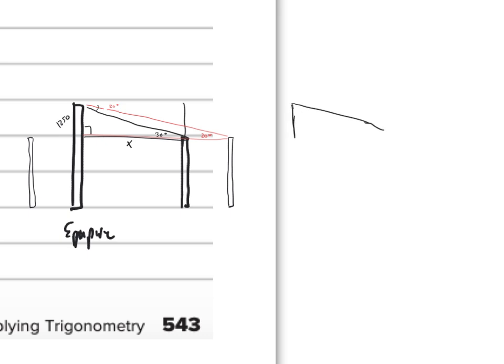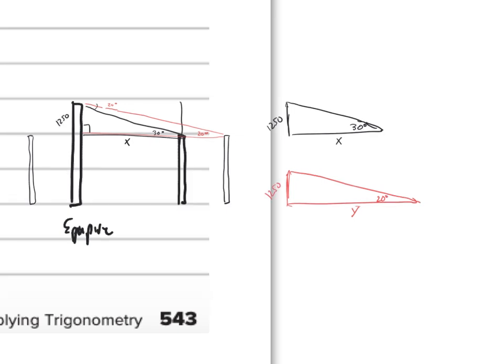I have this right triangle, which is 30 degrees, and I'm trying to figure this value out, with 1,250. And then I have this other triangle with 20 degrees, and I'm trying to figure out ultimately what this value would be, again with 1,250.